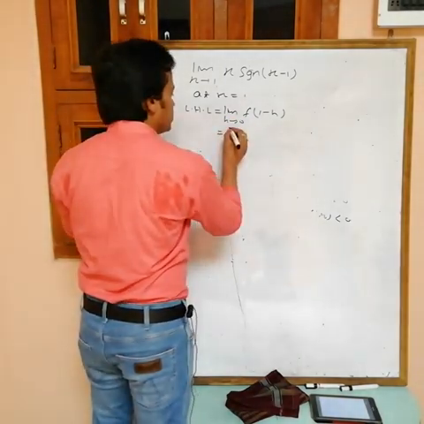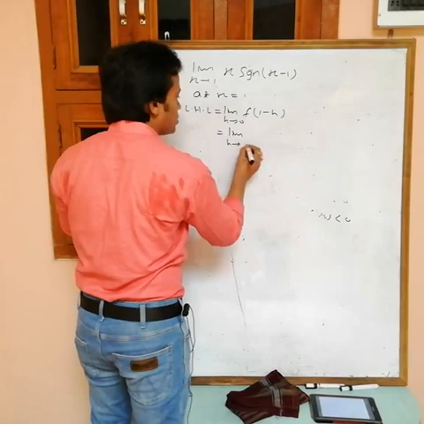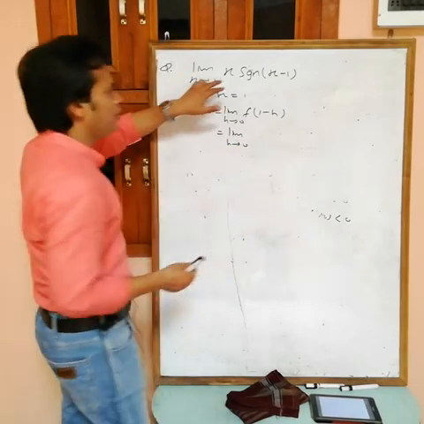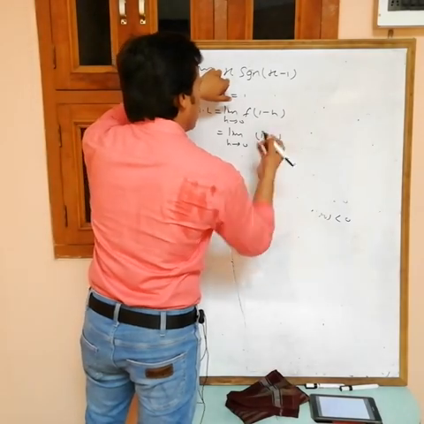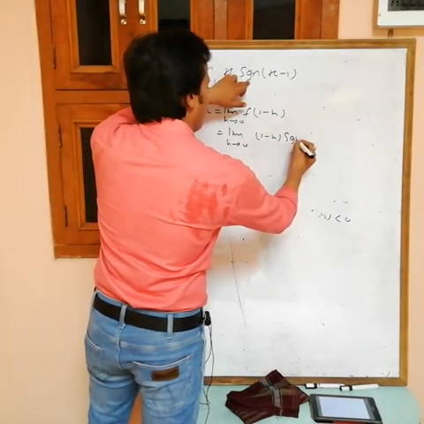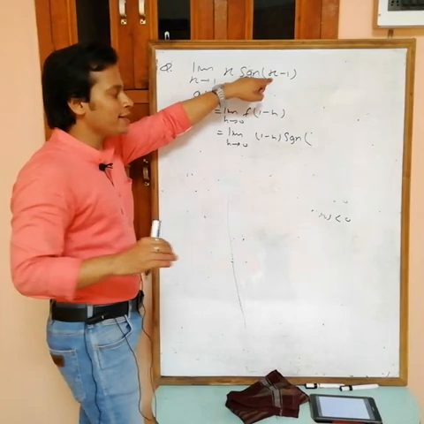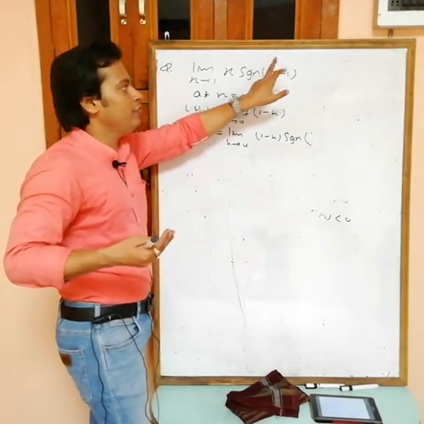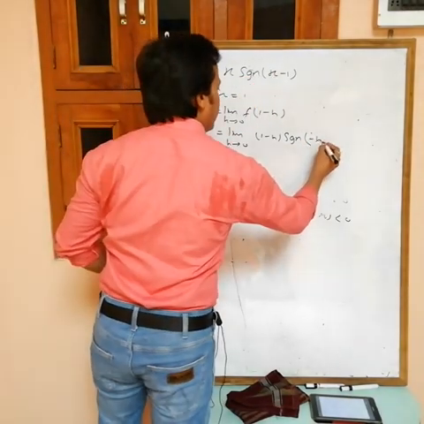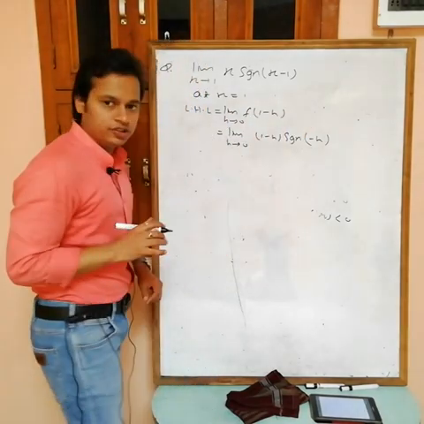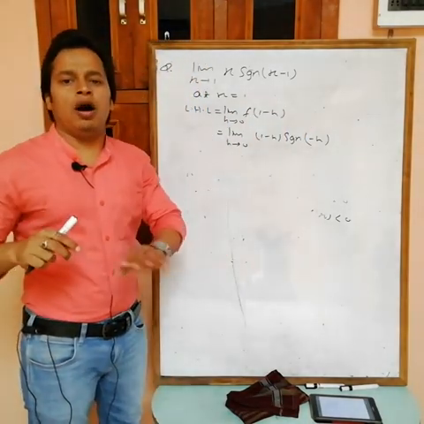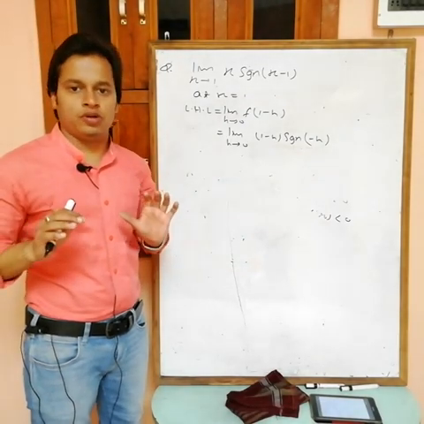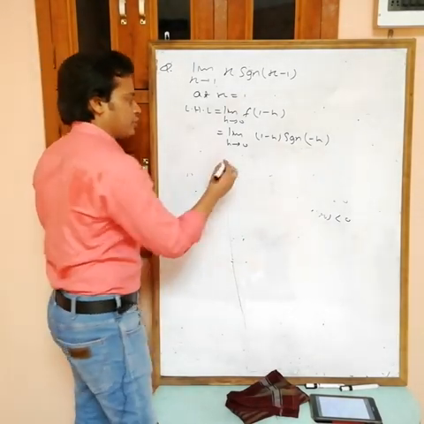Now find f(1 minus h). Simple, replace x with 1 minus h: 1 minus h, signum of, if you replace x with 1 minus h, then 1 will be cancelled out. What you will get? Minus h. Remember, we have to put the value of h equals 0 only at the end, after all simplification.